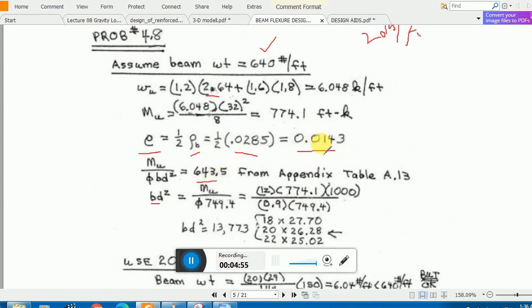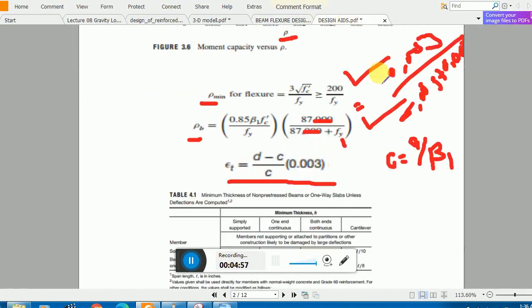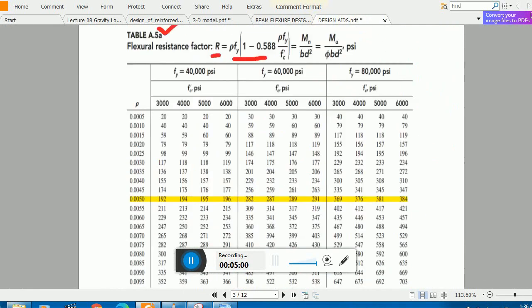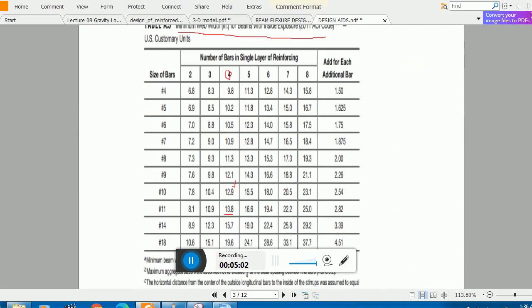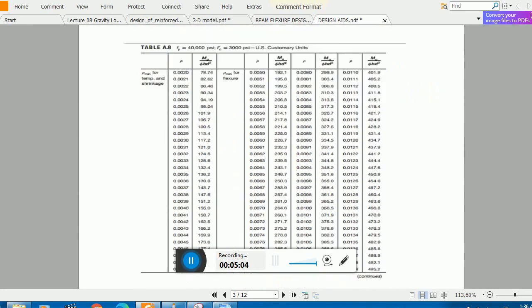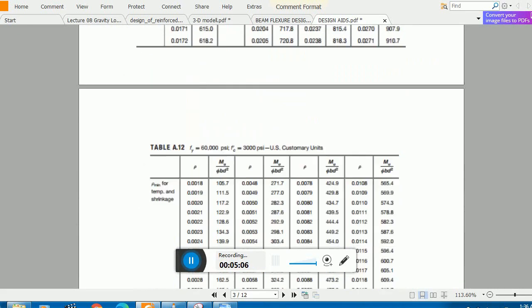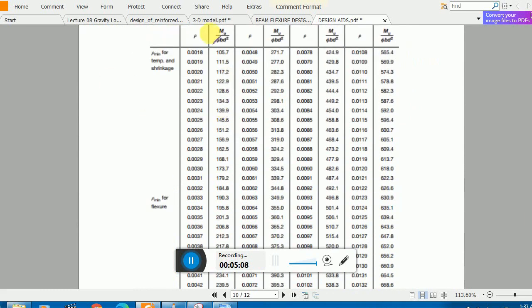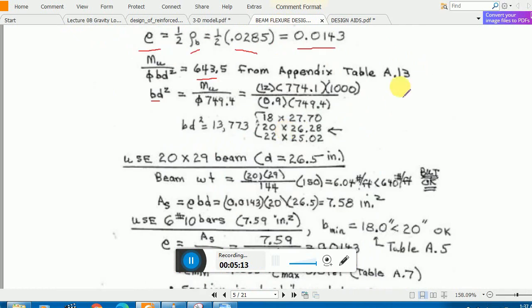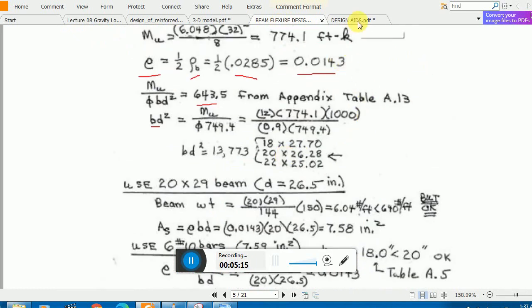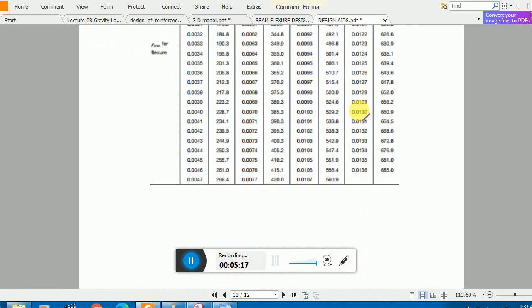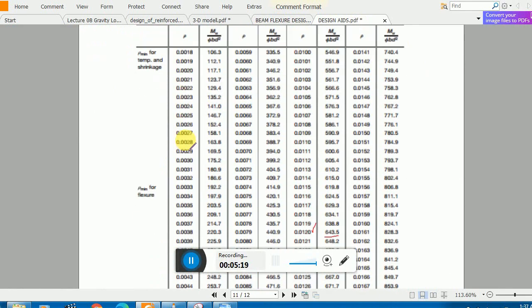Okay, because now this is your rho value. Go to that table, this table, okay, 4,000 and 60,000 table, not this one, this is for 40,000, and here we have, okay. So here you have to search that value 0.014, 0.0142, I think so.